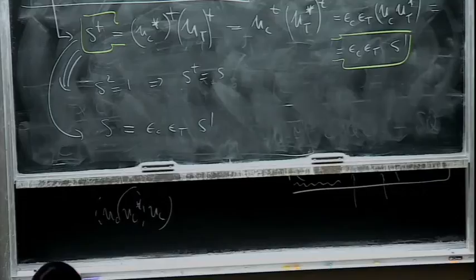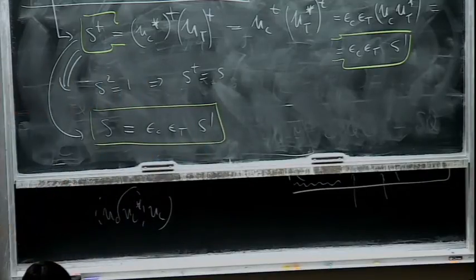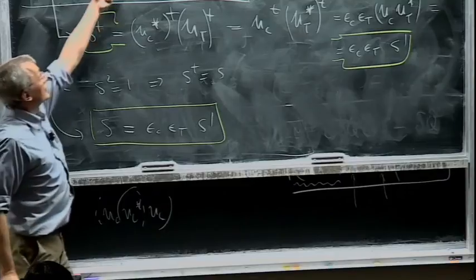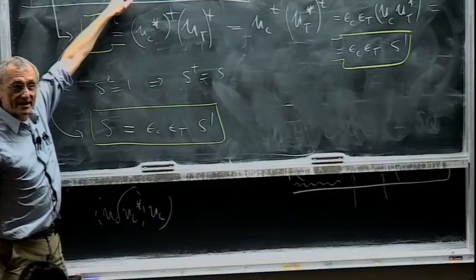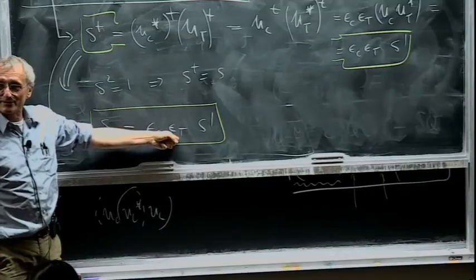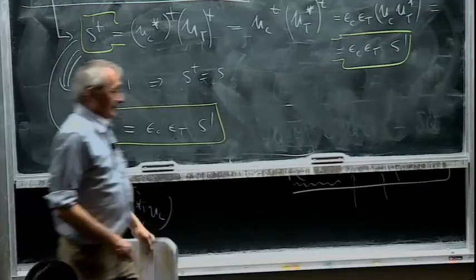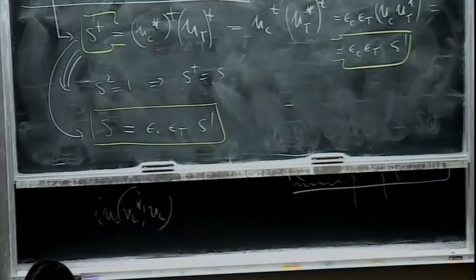So we learn that C and T commute or anti-commute depending on the product of the two signs we get for time reversal squared and charge conjugation squared. So that means that the two matrices or the two operators are always the same up to a sign. So it doesn't matter which order we choose.